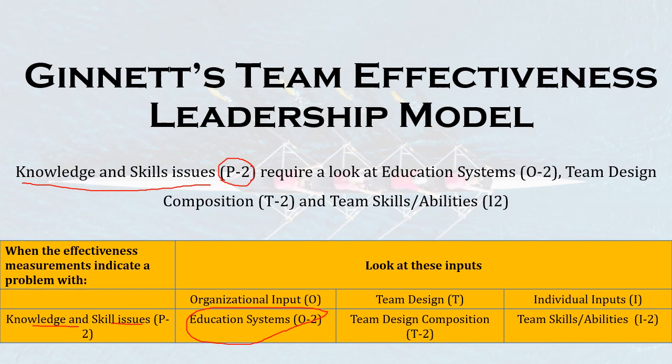At the team design level, whether the leader has chosen the right composition of the team members, and at the individual level, whether the team members have the proper skills or abilities to perform those particular tasks.